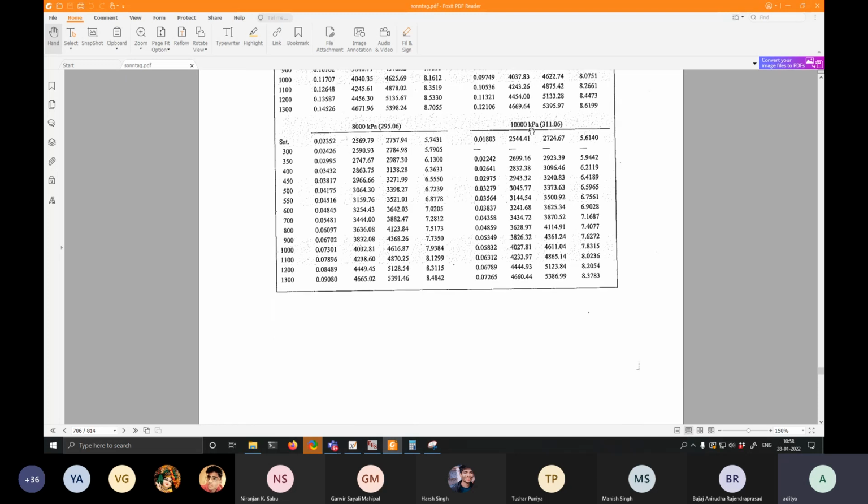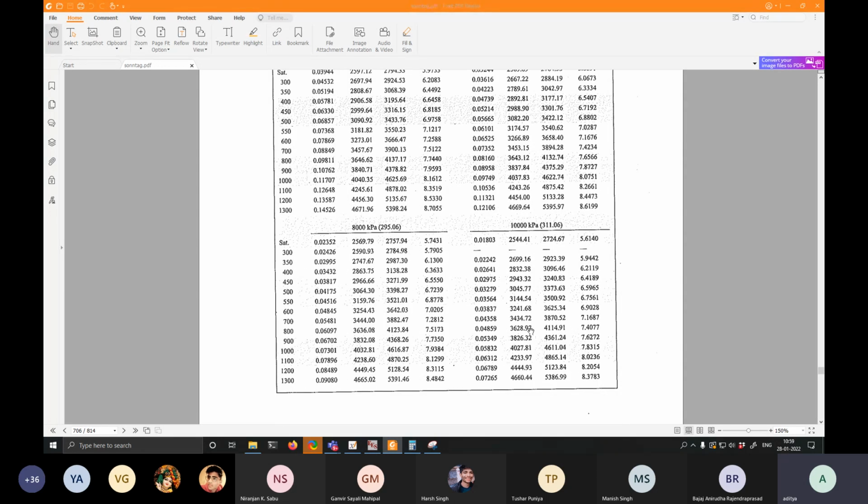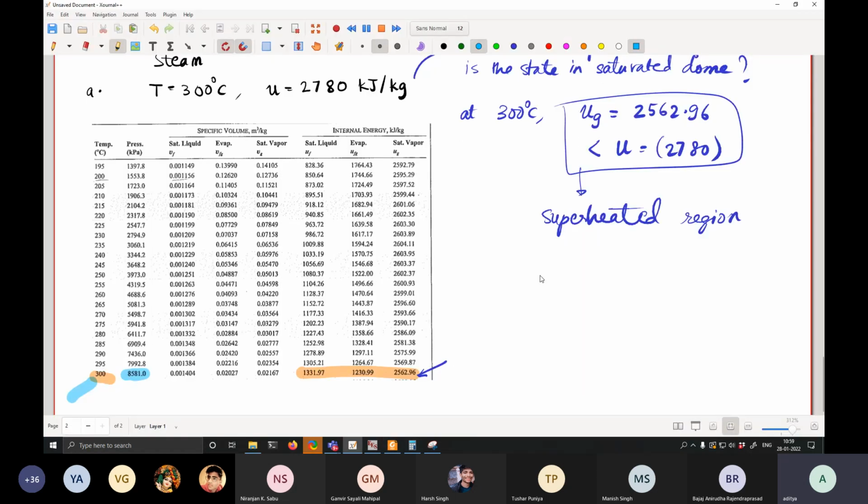So at 10,000 kilopascal, we have the first entry of 311. I mean, is the question right? Such a high pressure. So let's look at the internal energies over here. The one that we want is 2780 kilojoule per kg.